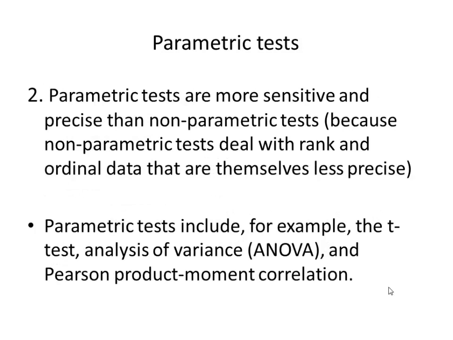Parametric tests are more sensitive and more precise than non-parametric tests, and this is because, as we said, parametric tests deal with data measured using an interval or ratio scale, and so those interval and ratio scales provide more precise data than data that are measured using rank ordering or ordinal or nominal data.